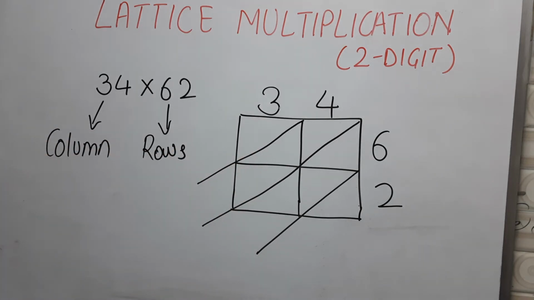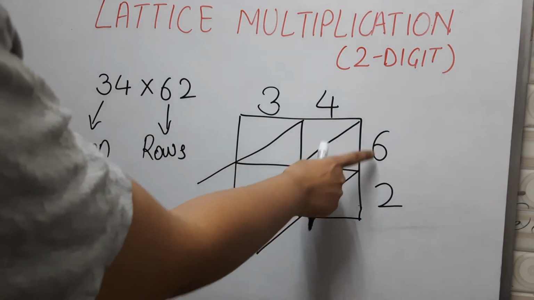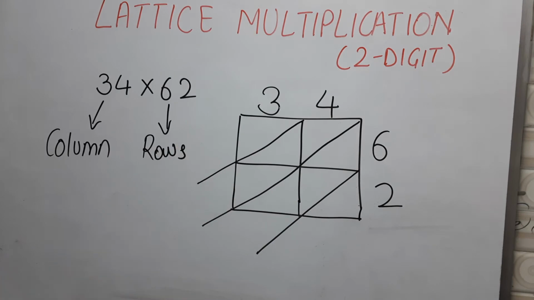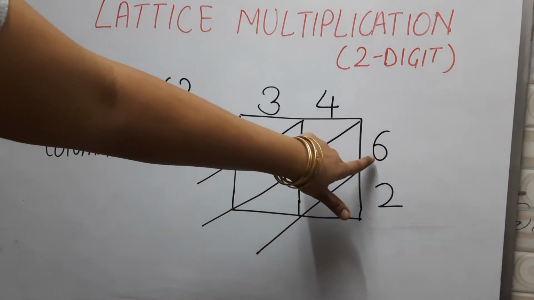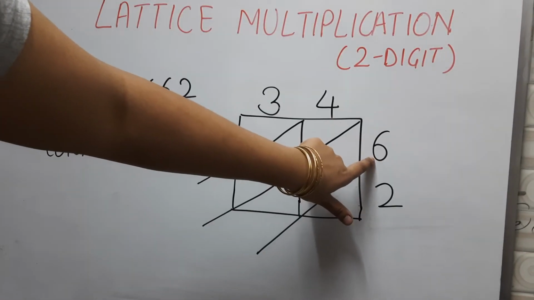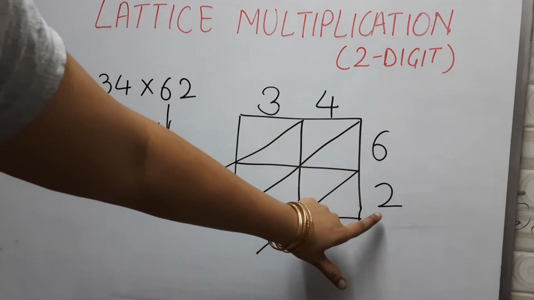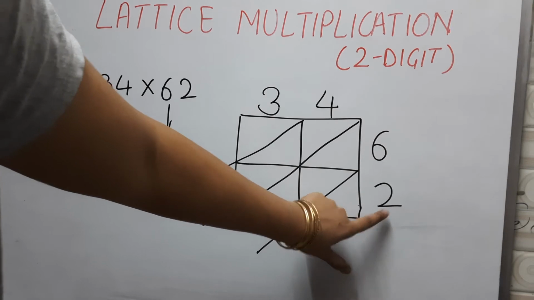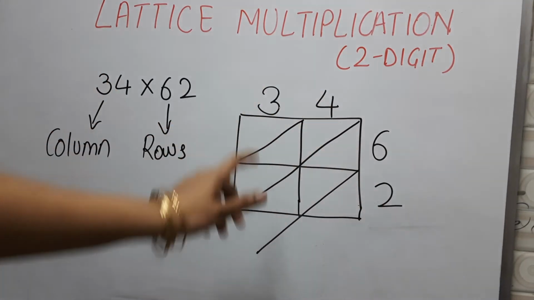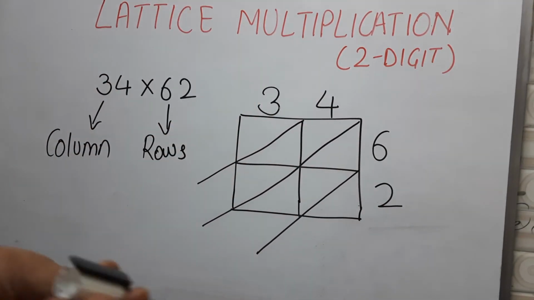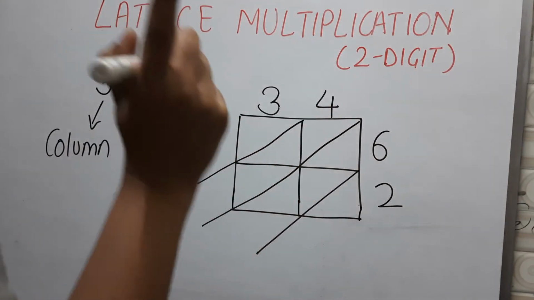Now let's start multiplying. Here we multiply with the multiplier. So I'll start with my multiplier 6: 6 4s are, 6 3s are. Then I'll move on to my other multiplier: 2 4s are, 2 3s are. So line wise we are going to multiply. Let's start multiplying. So 6 4s are 24.